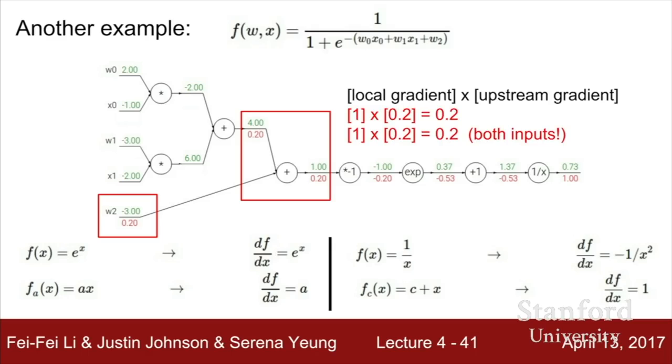For an addition node, we saw from before in our simple example that the gradient with respect to each of the inputs to the addition is just 1. So for our top stream, the local gradient is 1 times the upstream gradient of 0.2, which gives a total gradient of 0.2. For our bottom branch, we do the same thing: our upstream gradient is 0.2, our local gradient is 1 again, and the total gradient is 0.2. So is everything clear about this?